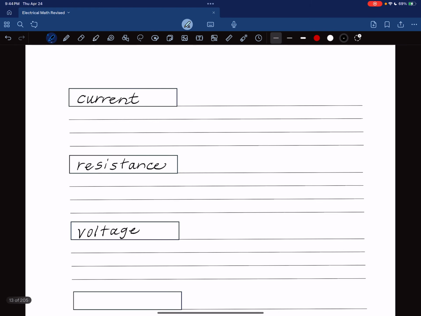On page 13, we have the word current. And the symbol for current is I, capital I. Current is the rate at which charge, and I'm going to stop right there.